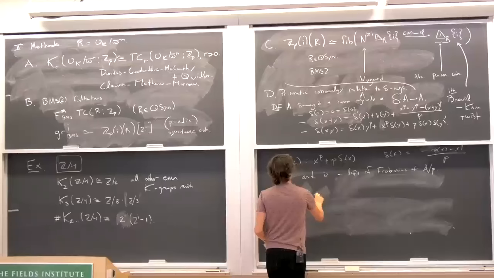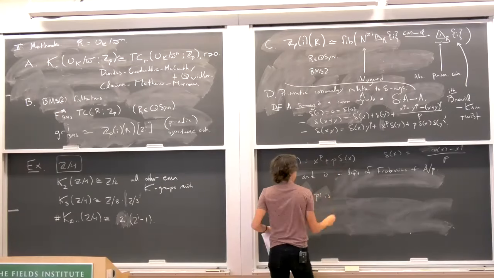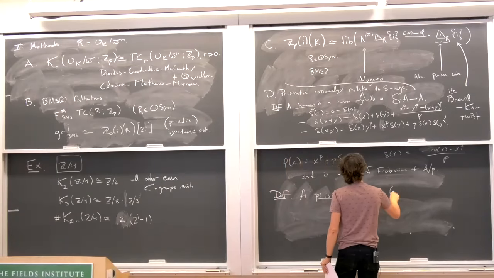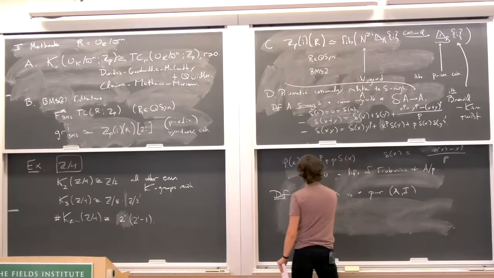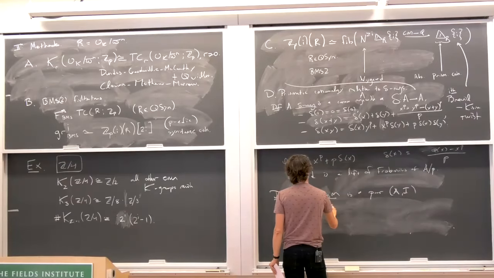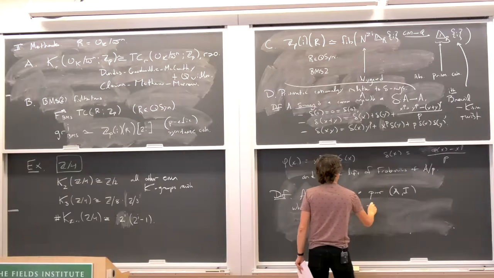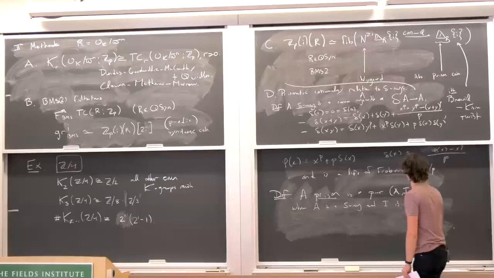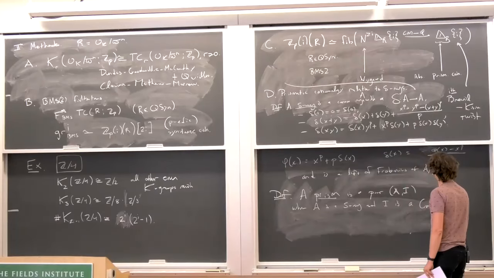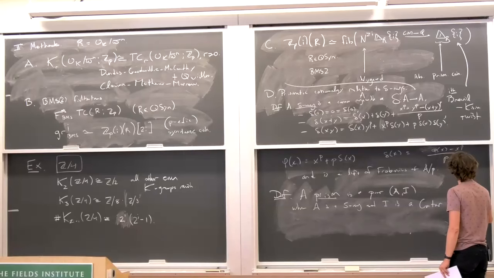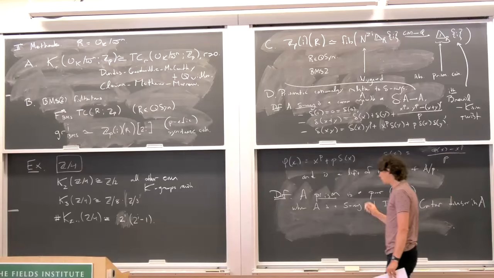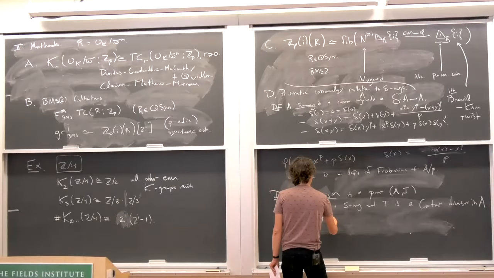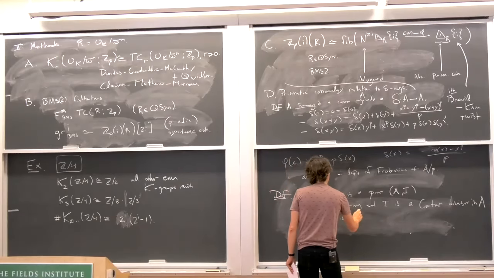So what's a prism? It's a pair, A comma I, where A is a delta ring, and I is a Cartier divisor, or the ideal of a Cartier divisor in A, satisfying two conditions. First, A is derived p-complete.